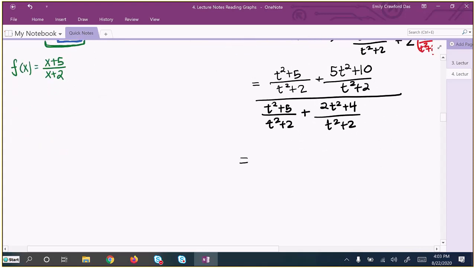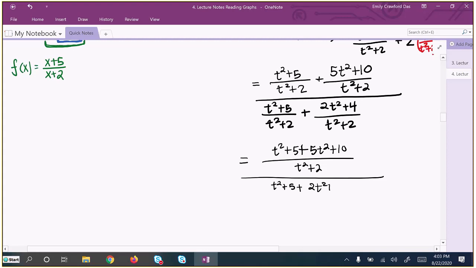I'm going to write the top as one fraction. This is (t squared plus 5 plus 5t squared plus 10) over (t squared plus 2). And then the bottom is (t squared plus 5 plus 2t squared plus 4) over (t squared plus 2).